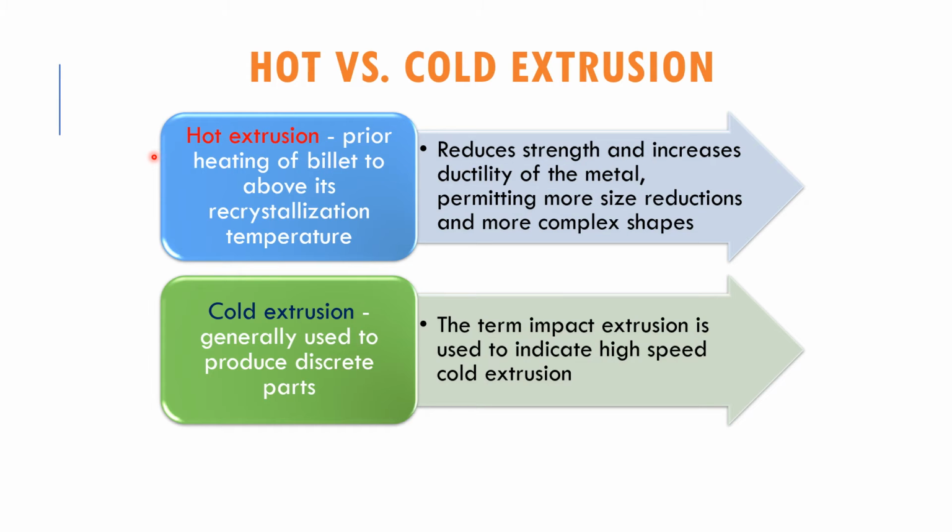Then more size reduction or complex shape can be produced via this process. As for cold extrusion, usually used to produce a very discrete part. Okay, so the term impact extrusion is used to indicate high speed cold extrusion.